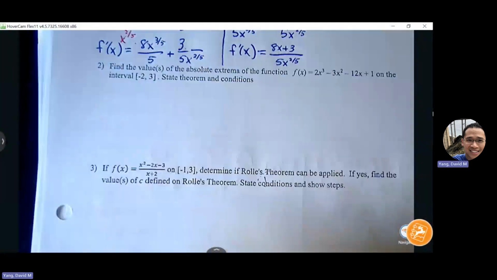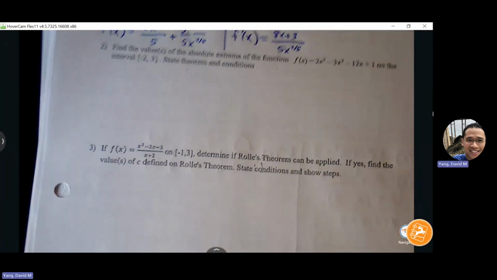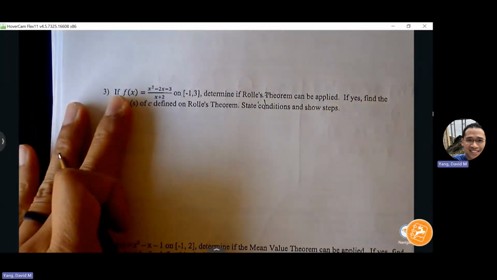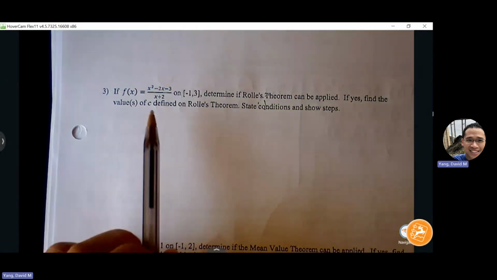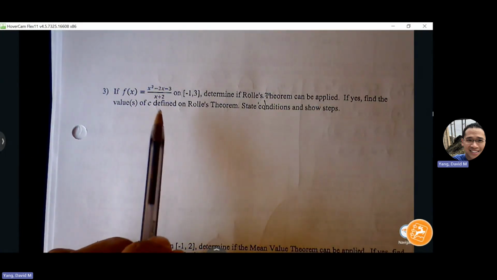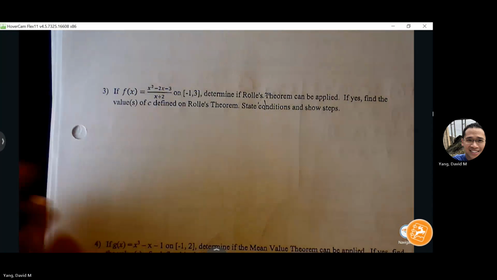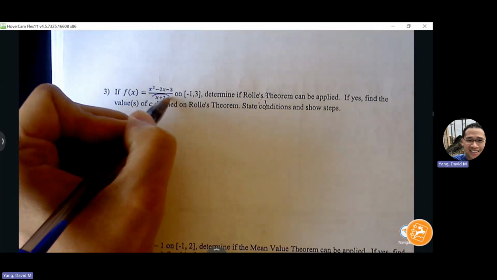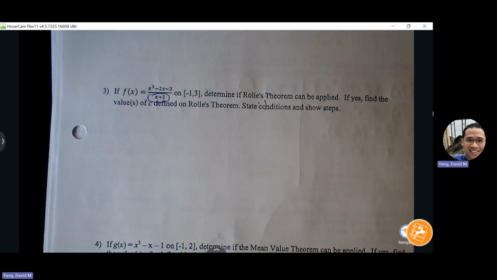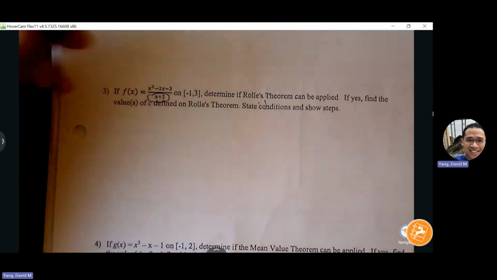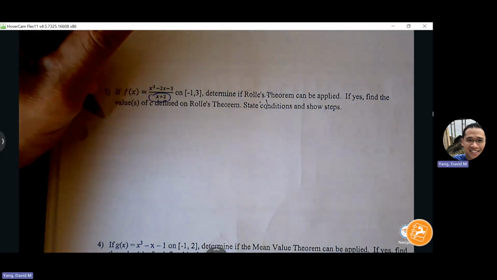So let's look at number 3 here. Here's our function. This is not a polynomial, so we've got to pay more attention here. What could cause an issue with this function? X plus 2, right? There's a hole or asymptote at where? At -2.